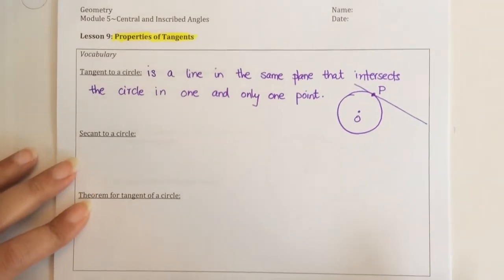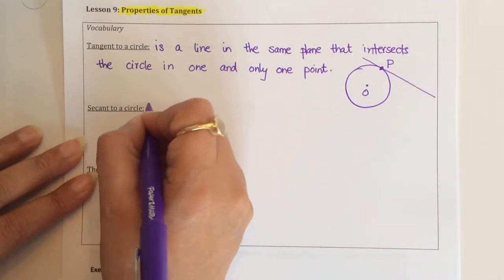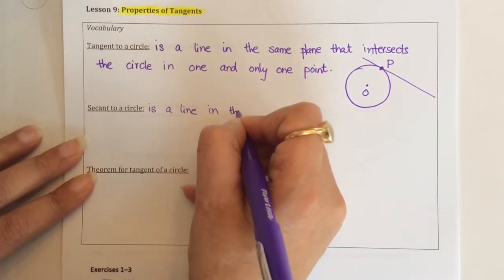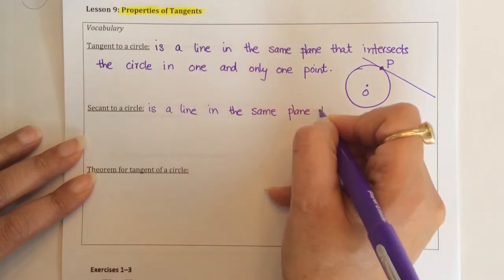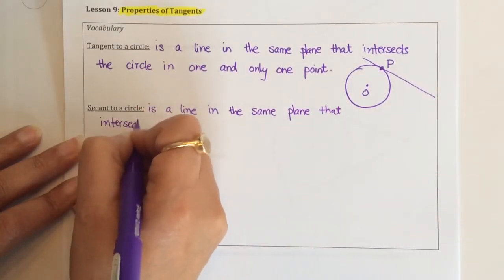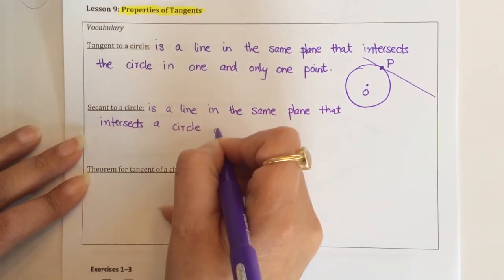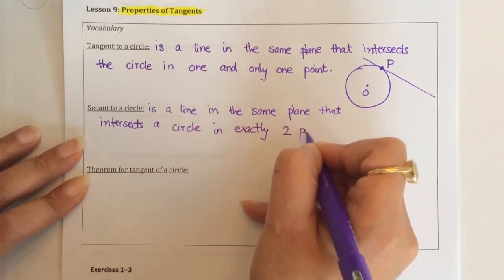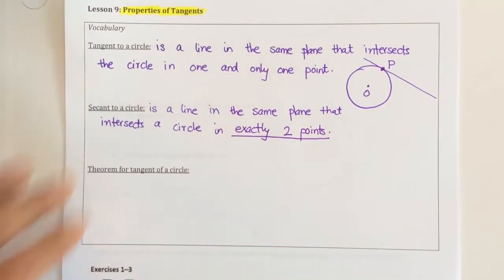Moving on to a secant to a circle. A secant to a circle is a line in the same plane that intersects a circle in exactly 2 points.